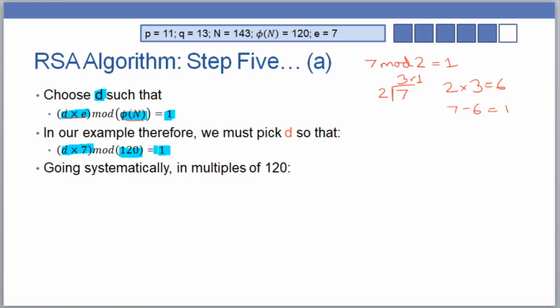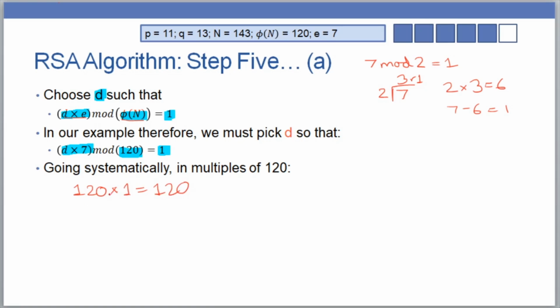There is no simple formula for computing d, so instead you have to iterate through each of the multiples of 120 and see if any of the multiples of 7 are 1 more than these. So first of all, you would check 120 times 1 equals 120.